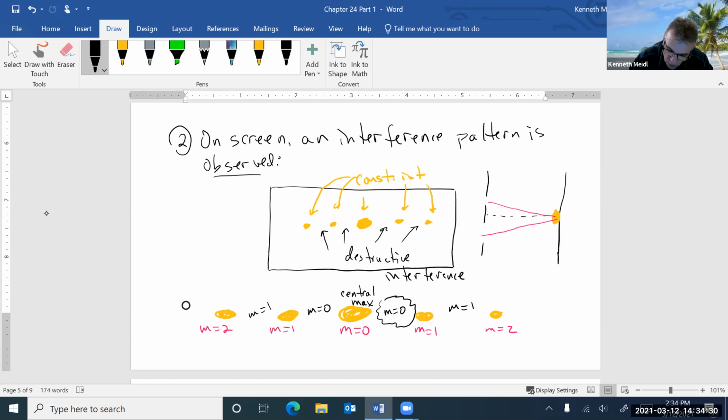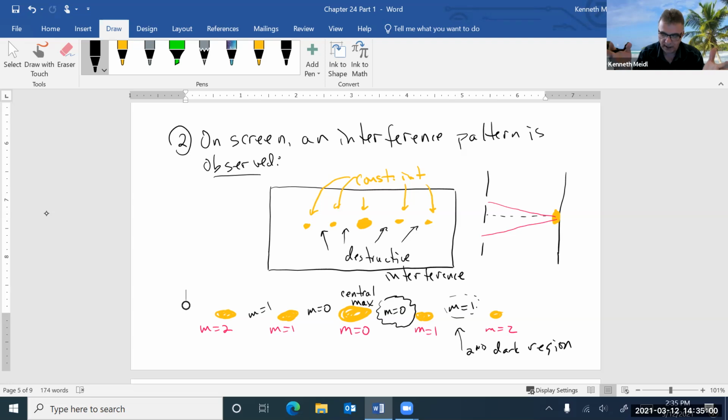So this is really the second dark or destructive region. It's the second dark region off to the side of the central maximum, but it gets m equals 1. So we start counting from 0 on both sides here. If you start at the central maximum and you're just looking at bright spots, it makes sense.